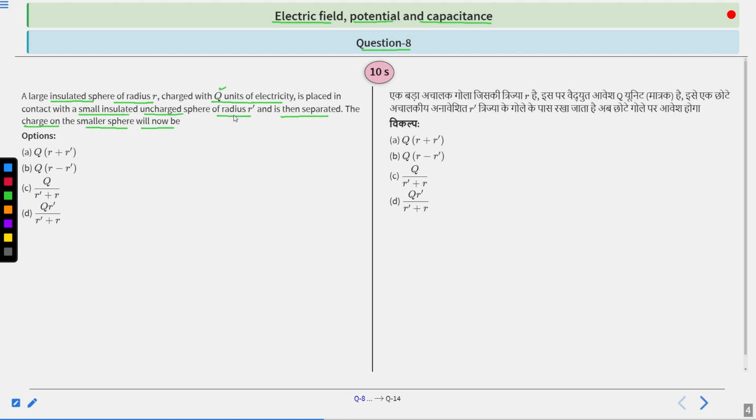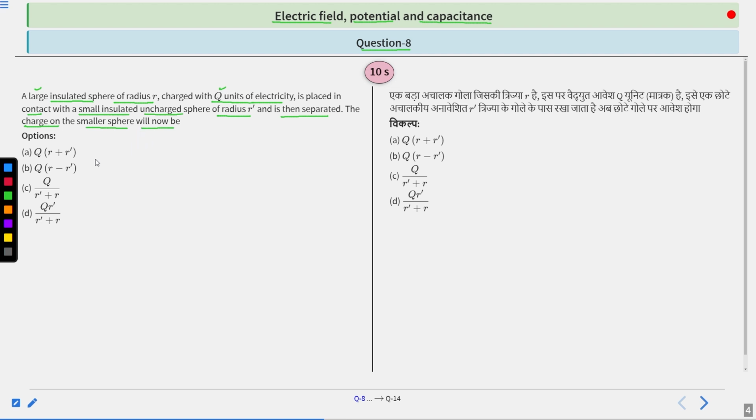In the first case, the small sphere and large sphere are in contact, and in the second case they are separated. The question asks: what will be the charge on the smaller sphere?